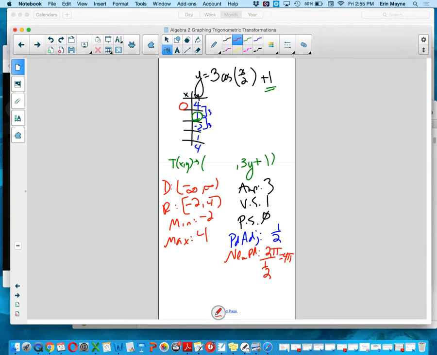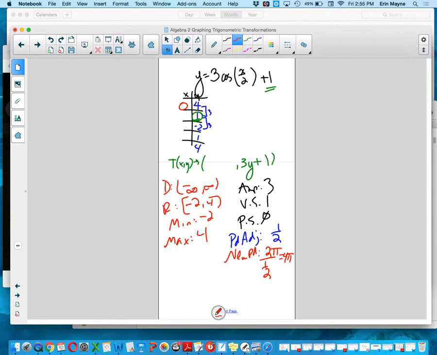But watch this right here: how far will we go on the graph to go from the 4 at the top to the 4 at the next top? Twice as much. How much? 4 pi, right? If my period is 4 pi, that's how long it takes to go from my maximum of cosine through to my maximum again.